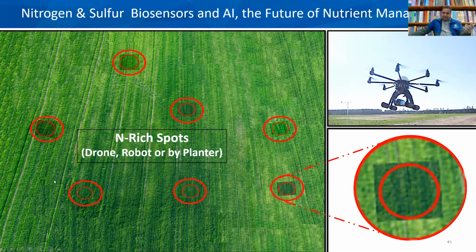For example, here we applied a different rate, or we applied a sufficient rate of nutrient. We don't see any differences. It means we don't need any additional nutrient here. Even if we apply, we don't get any result because there is no change.